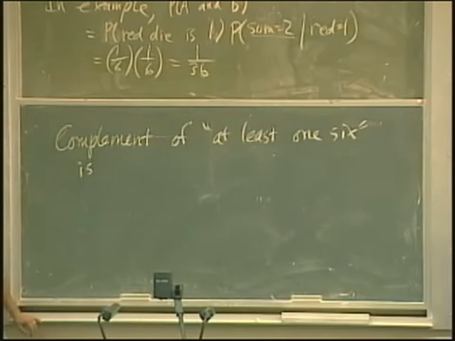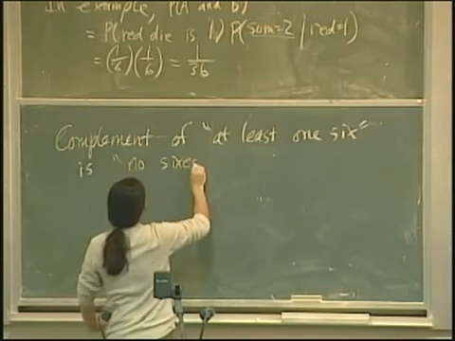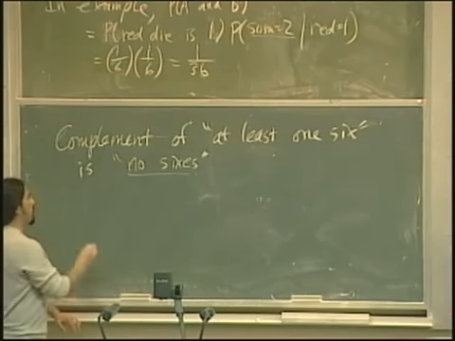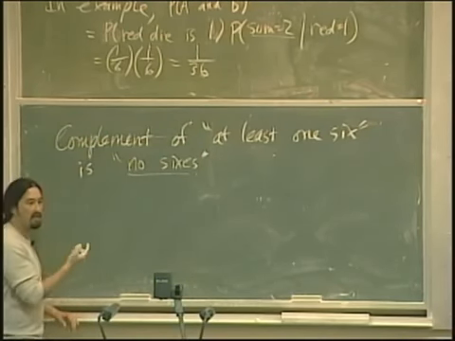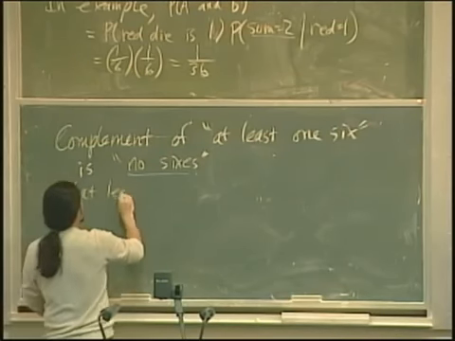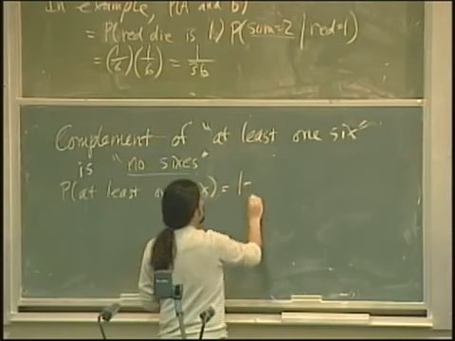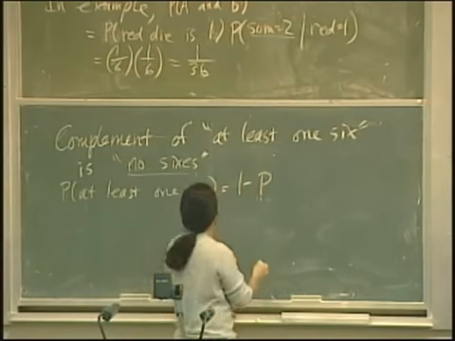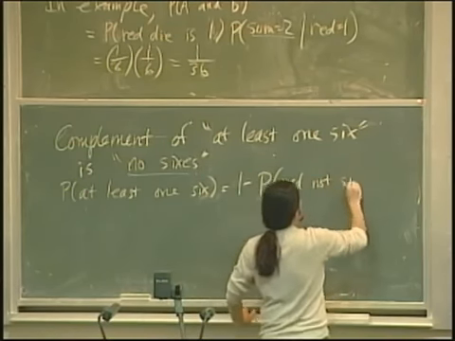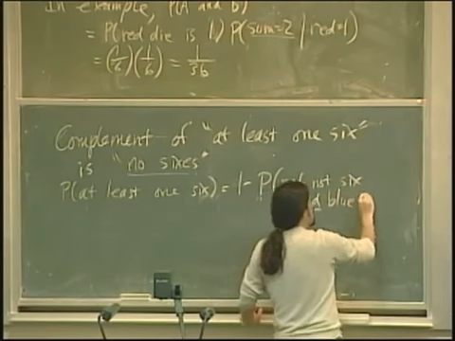Either you get at least one 6 or you get no 6s. Another way to say no 6s is that the red die is not a 6 and the blue die is not a 6. So the probability of at least one 6 is equal to 1 minus the complement. The complement, again, is the probability of red not 6 and blue not 6.